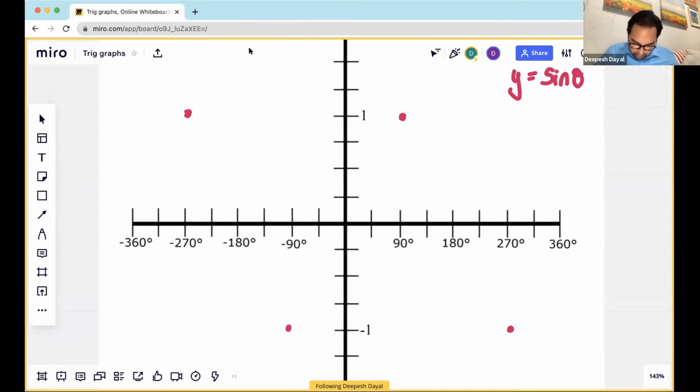Let's use the purple. So we start here, and then we go up here, and then we come down and we go through 180 degrees, right? We're going to go through 180 degrees.